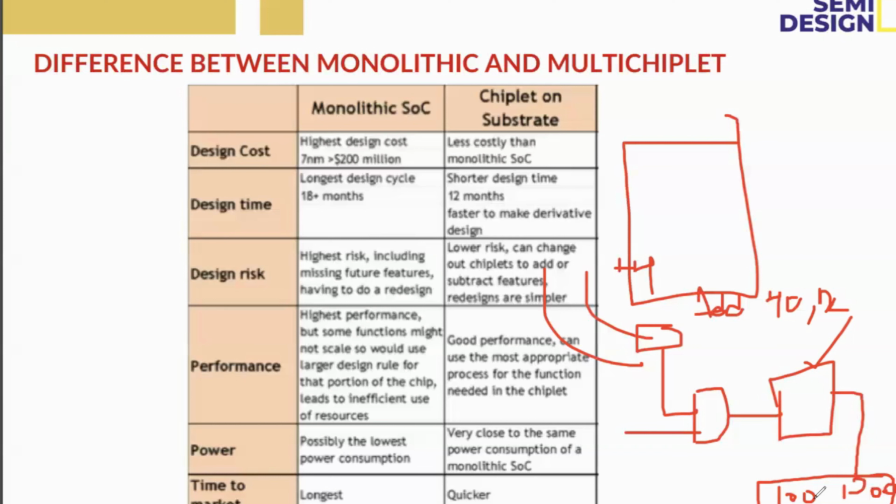Suppose here this is the CCX for the core, and here there is an IOD. IOD means normal input output blocks. Suppose an input output block means we'll take one multiplexer, or any register, for simple understanding. So how will we design this multiplexer?